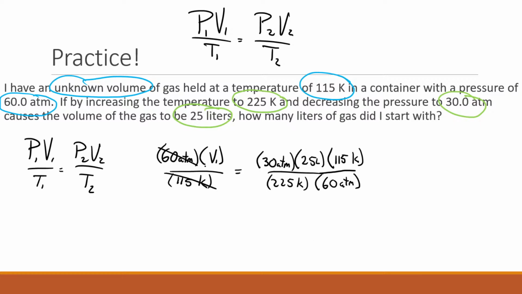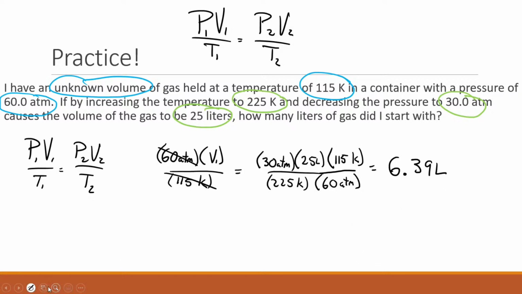And now I've got V1 by itself equal to this setup. When I go through and I solve this, I'm going to look at the numbers 30 times 25 times 115 divided by 225 divided by 60 is going to give me 6.39 liters.